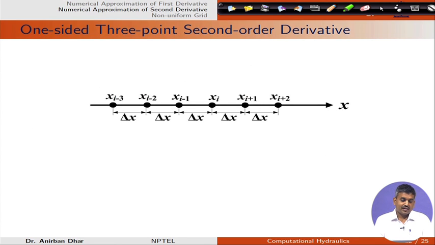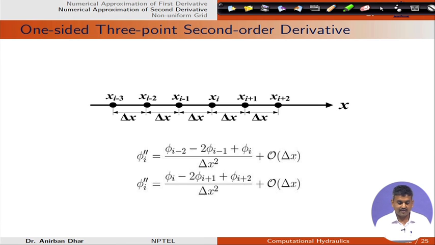Now, one sided 3 point second order derivative. If we consider one sided derivatives, in the previous case we have considered symmetric one, I minus 1, I plus 1. In this case, let us consider one sided.